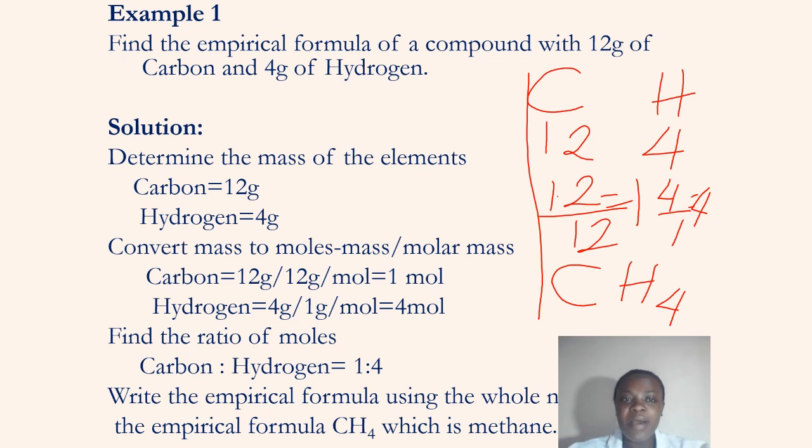So the compound has the empirical formula CH4. That is how simple we find the empirical formula of compounds given the mass. The empirical formula of that compound is CH4, and we call that compound methane.